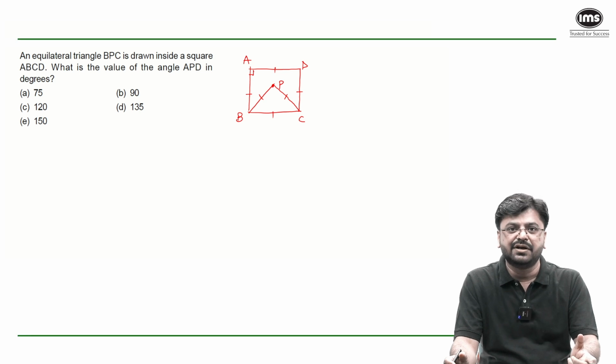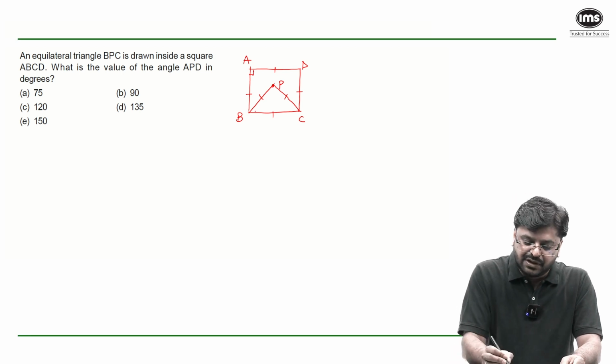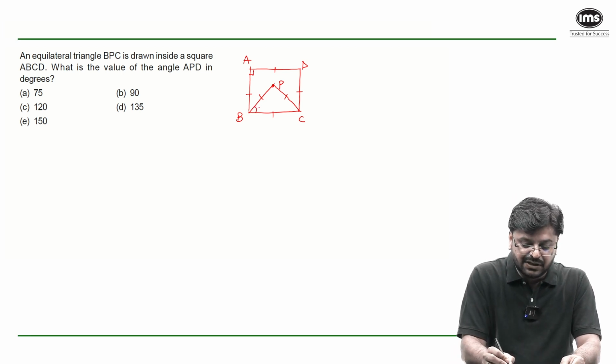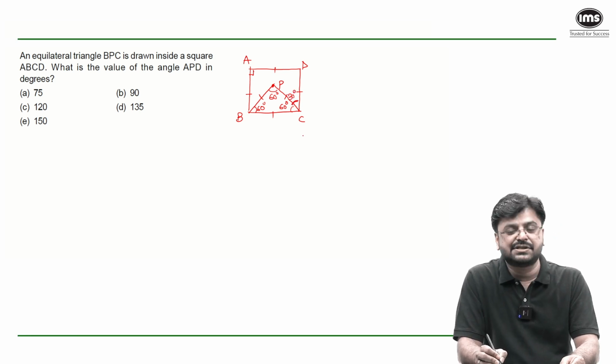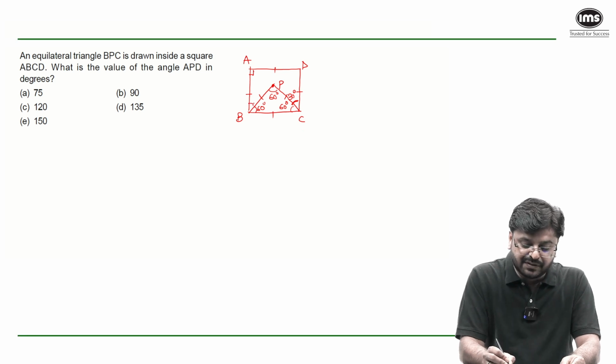Otherwise, it will not be an equilateral triangle. Now, this angle is 60 degrees. It is an equilateral triangle, 60 degrees, 60 degrees. This angle will be 30 degrees because the complete angle C is 90 degrees. Same way, this part is 30 degrees.